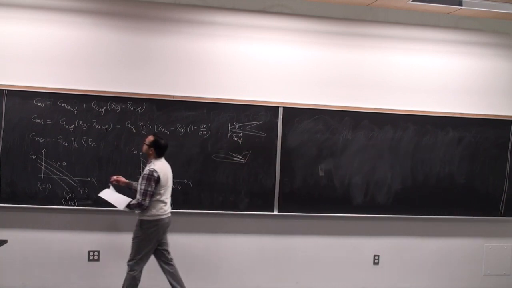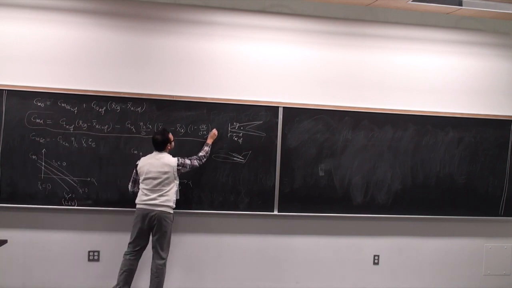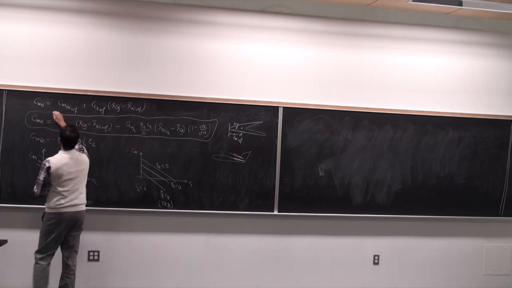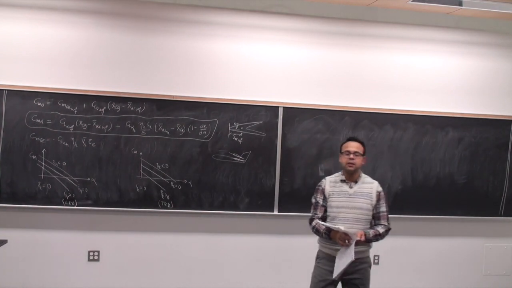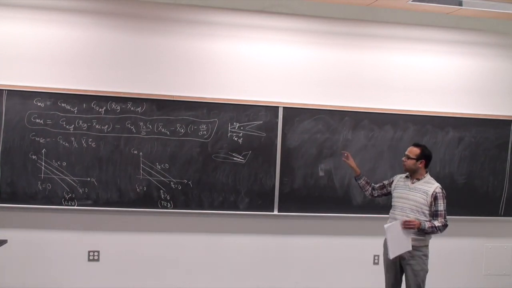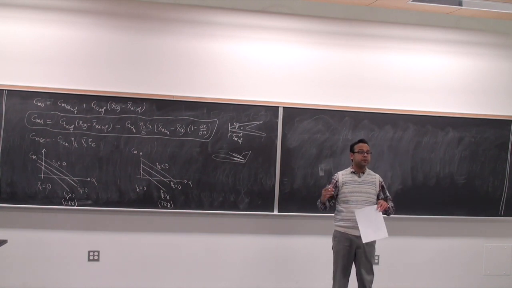Just looking at these expressions, especially this one, this expression leads to a bunch of very important concepts in longitudinal static stability. So the first thing that we're going to define based on that is something called the aerodynamic center of the aircraft.